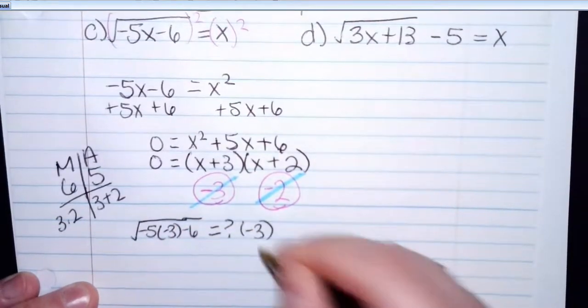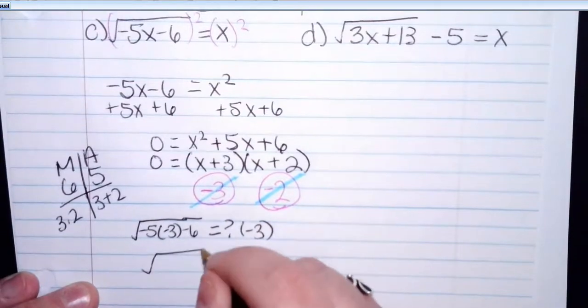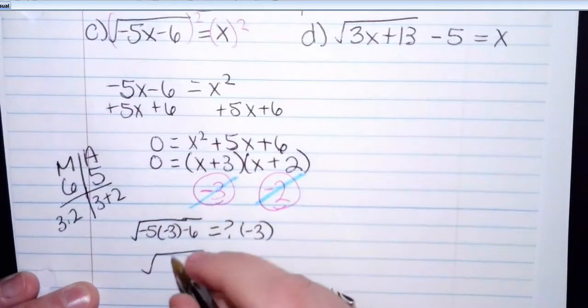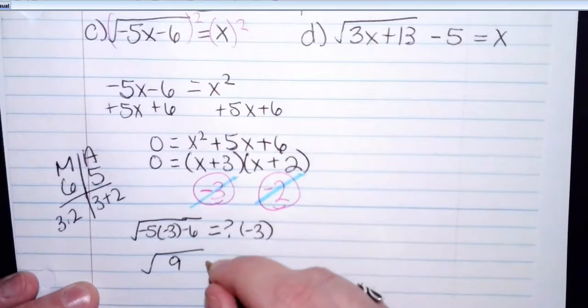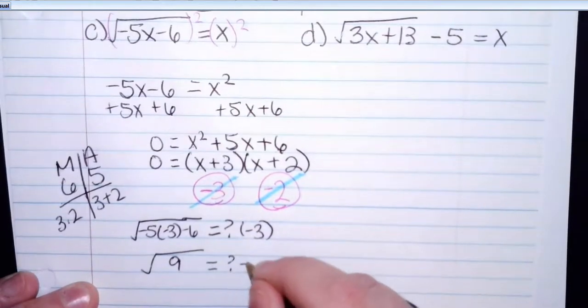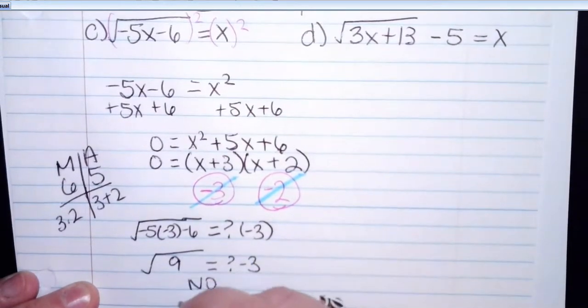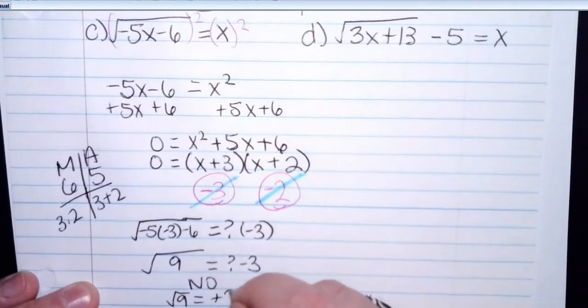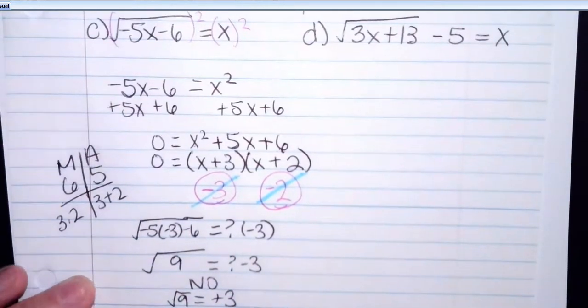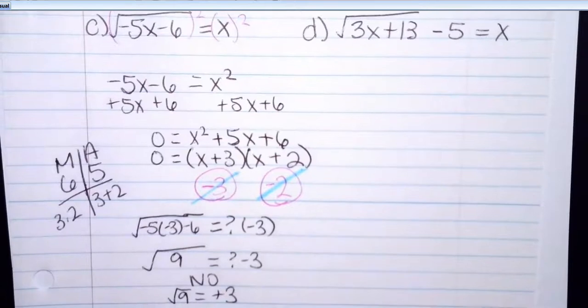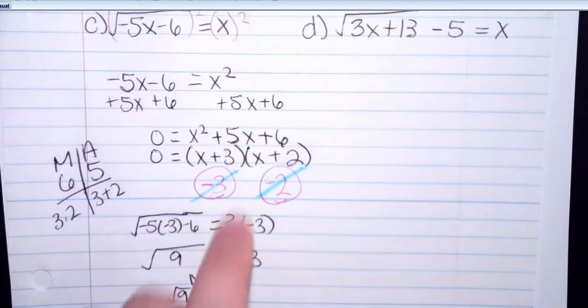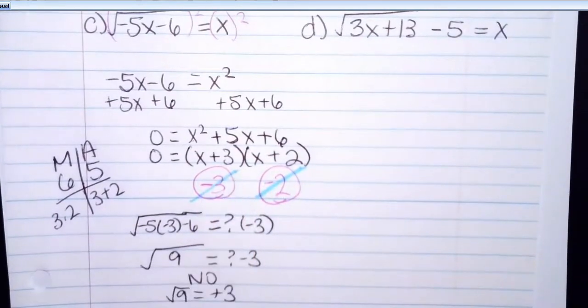If I plug that in there, under your square root, this is going to end up being 15 minus 6, which is 9. Is that equal to negative 3? No. Square root of 9 is equal to positive 3, so that's why that doesn't work. And you'd have a similar argument if you plugged in the negative 2. So those 2 numbers are not going to work in that original problem.